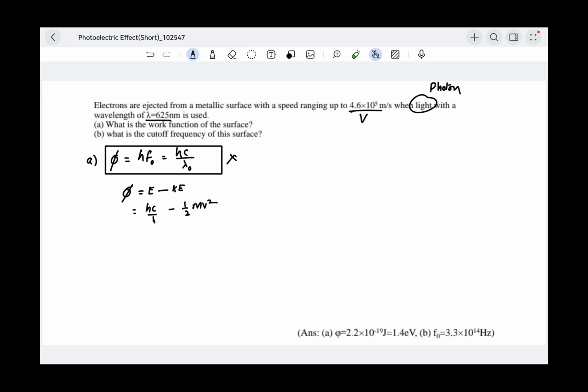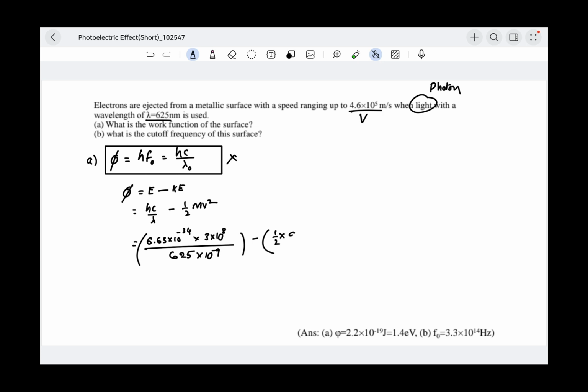So that is equal to 6.63 times 10 to the power of minus 34 times 3 times 10 to the power of 8 over the lambda given, 625 nano means 10 to the power of minus 9, minus half mv square, half the mass of the electron.